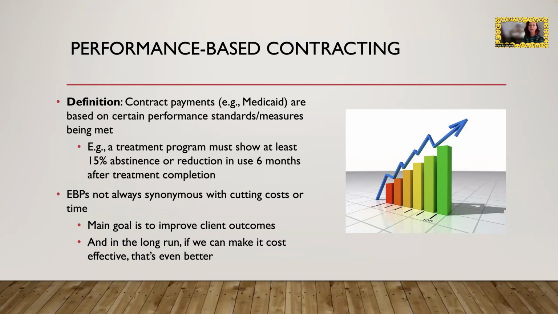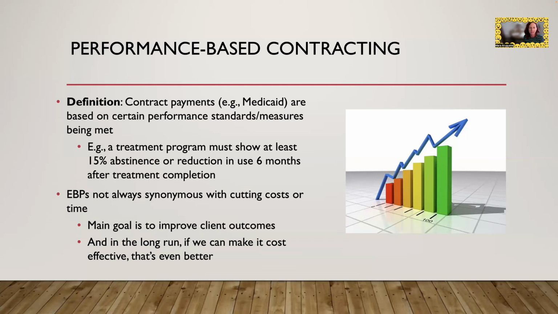For example, your treatment program must show at least a 15% abstinence or reduction in 6 months after treatment completion, or something like that. They make some kind of standard, and they say, we are only going to pay for Medicaid patients to come to your clinic if your clinic is meeting that standard.